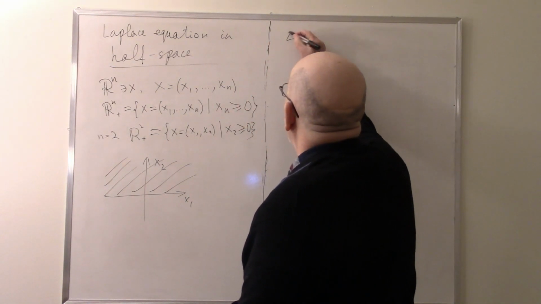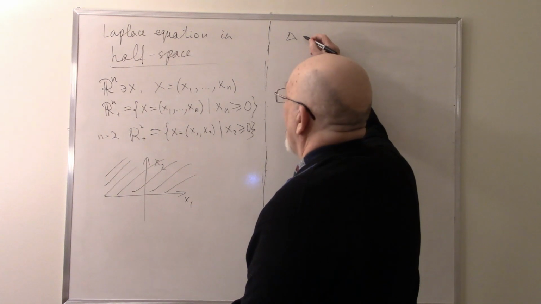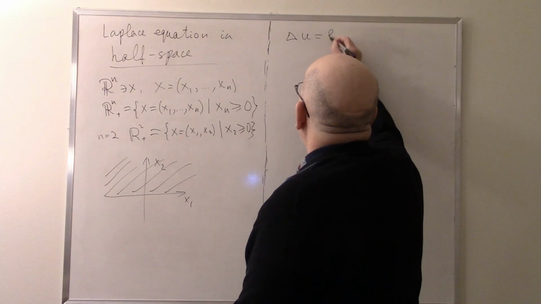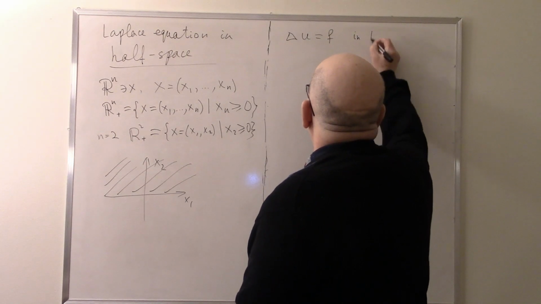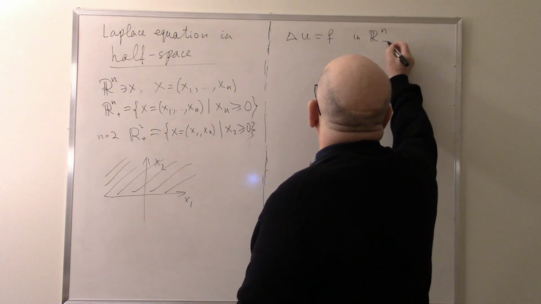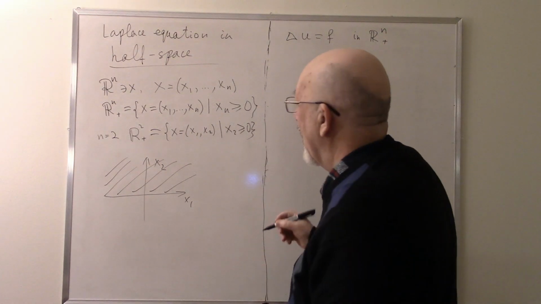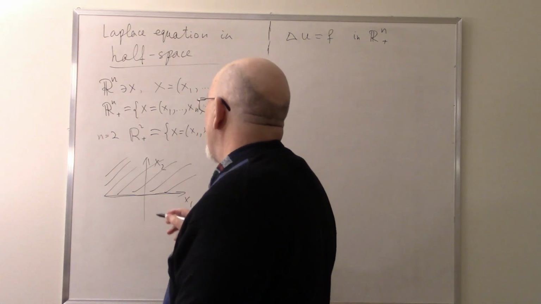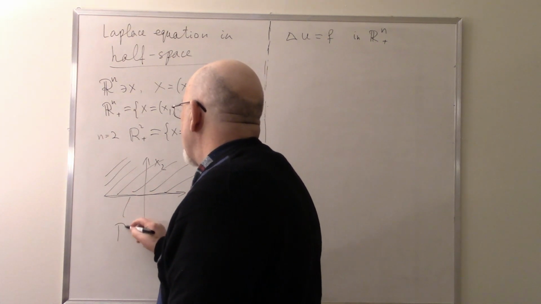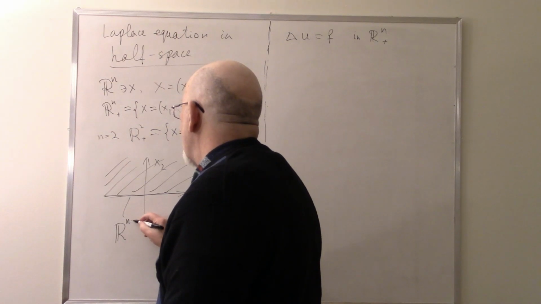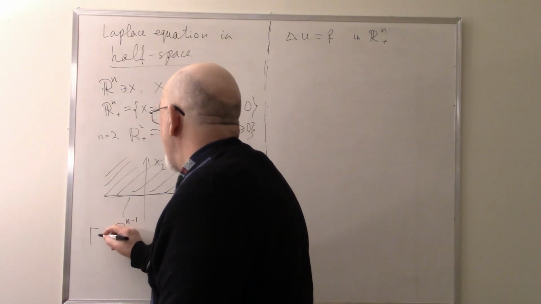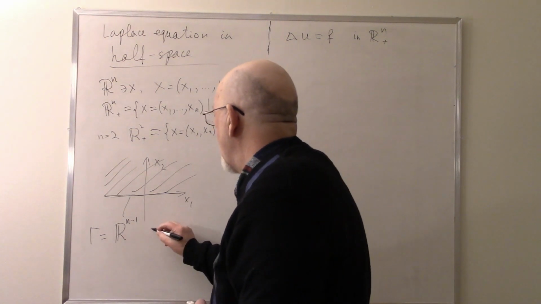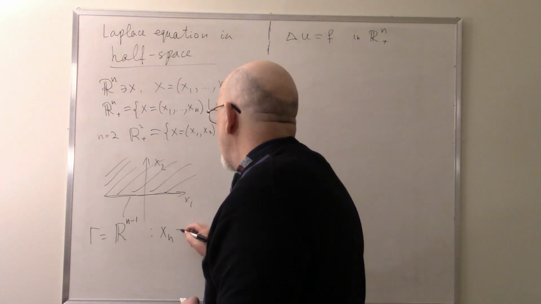We have to find a function u such that delta u equals f in Rn plus, and the boundary, let us denote it simply Rn minus 1, Gamma equals Rn minus 1. It is xn equals 0.